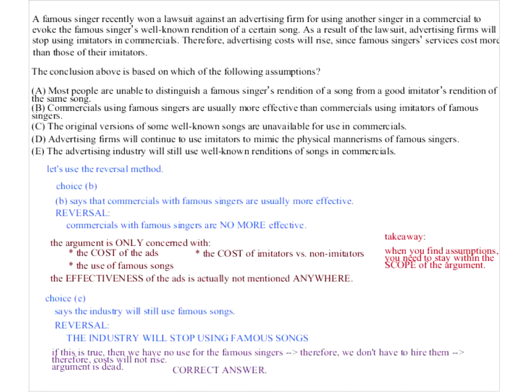Here's why the reversal method is so effective. When you have a find the assumption problem, find the assumption is hard. Because find the assumption asks you to basically take things that you would unconsciously assume anyway and identify them.